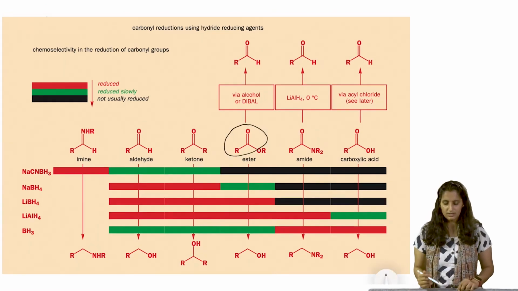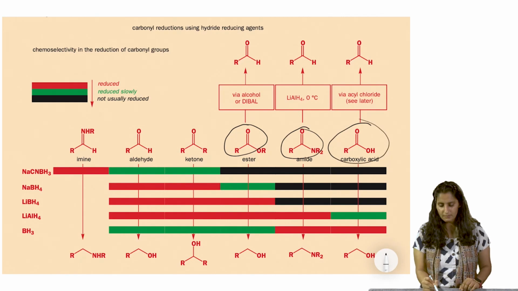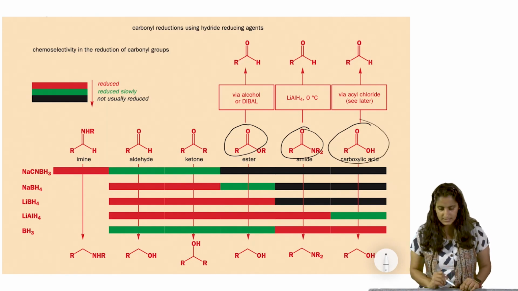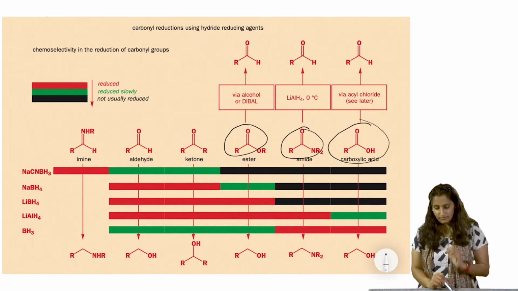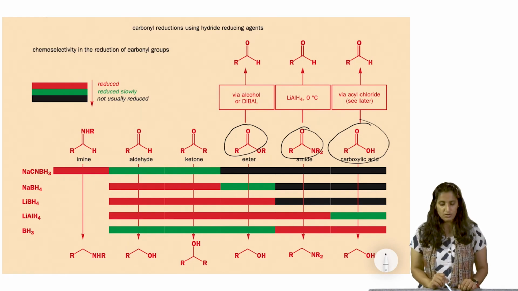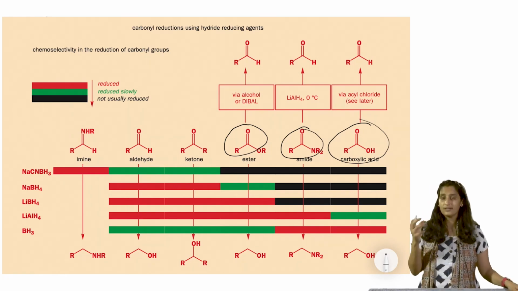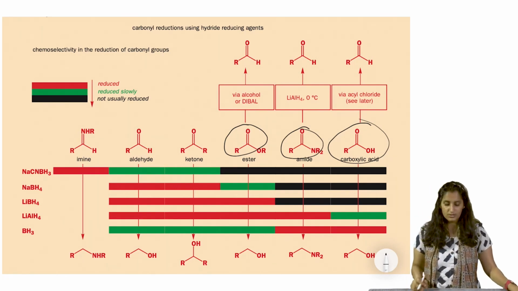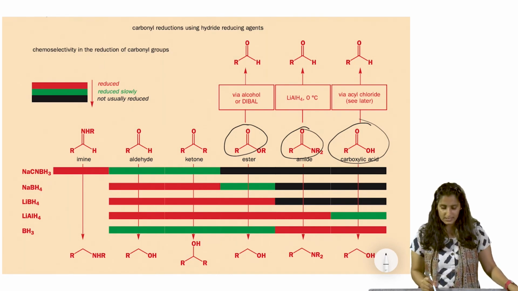As you can see, we looked at esters, amides and carboxylic acids, and all of these can be reduced, although they are not usually very easily reduced using, let us say, sodium cyanoborohydride, but they can be very easily reduced using LiAlH4.